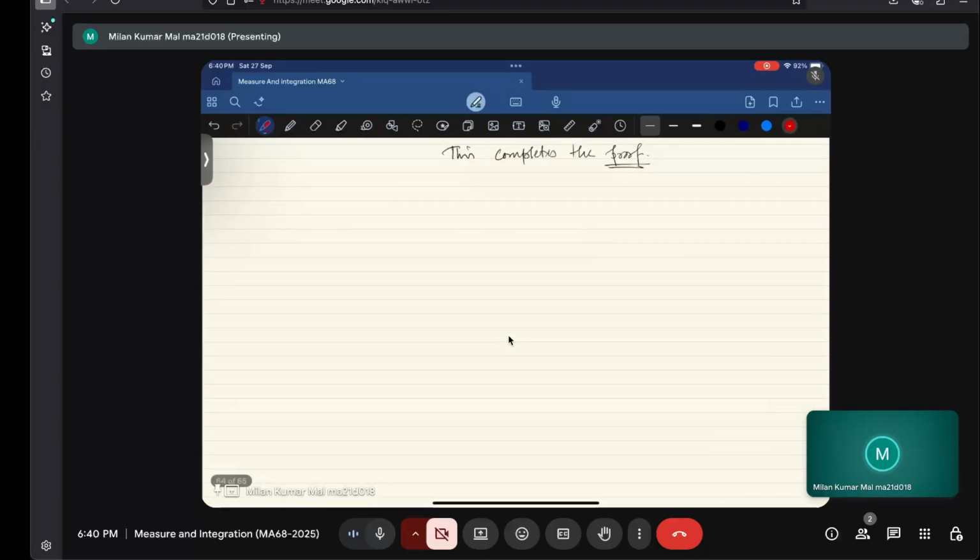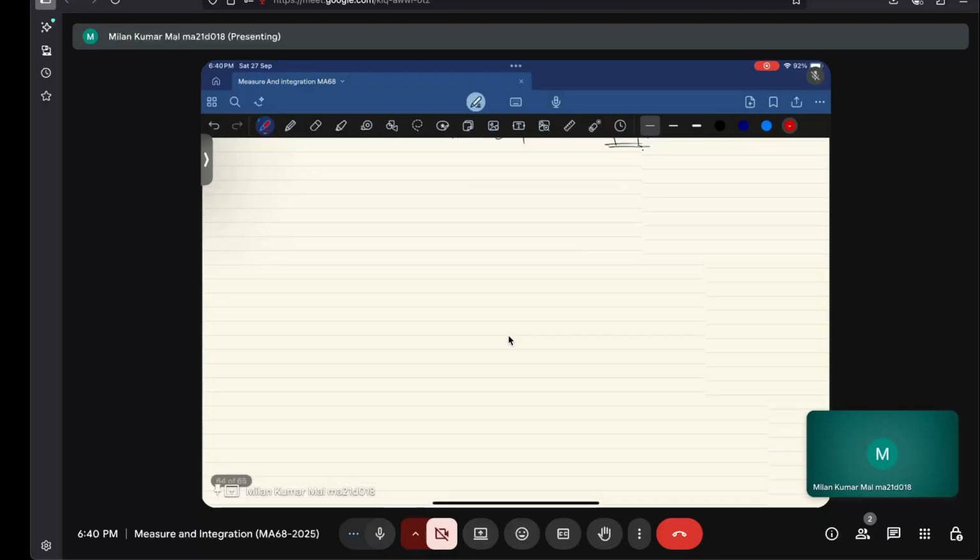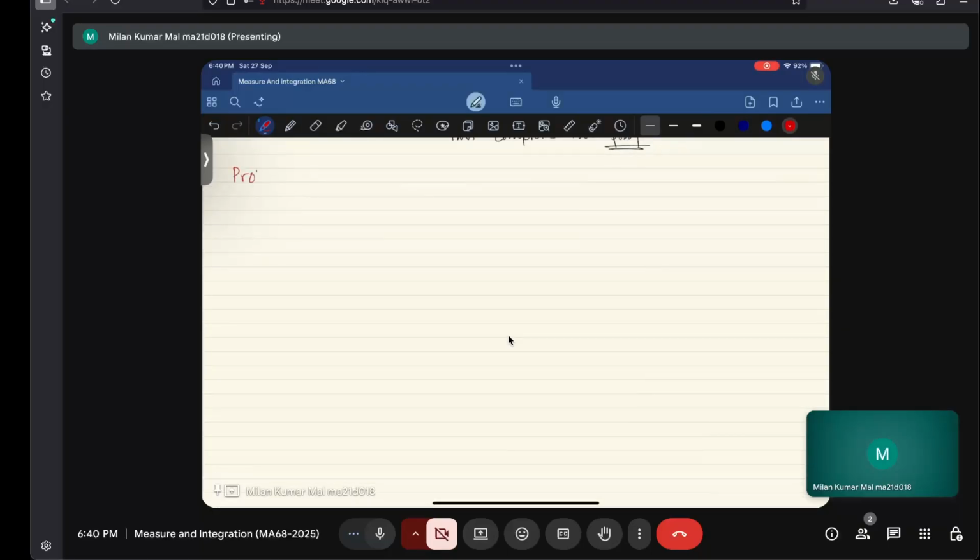Now let's find another problem. What it says: let (X, S) be a measurable space equipped with a signed measure mu.